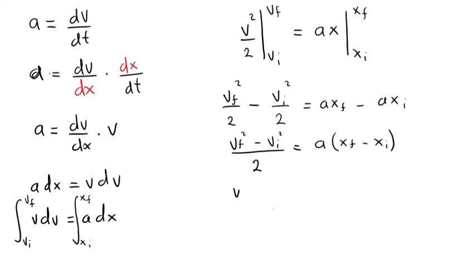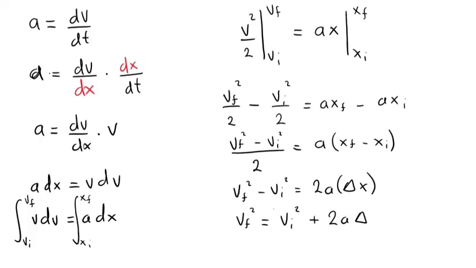So this gives us final velocity squared minus initial velocity squared is equals to 2a. Now that bracket, x final minus x initial, is just the change in x. So final velocity squared is equals to, the initial velocity squared can go to the other side like this, plus 2a change in x.